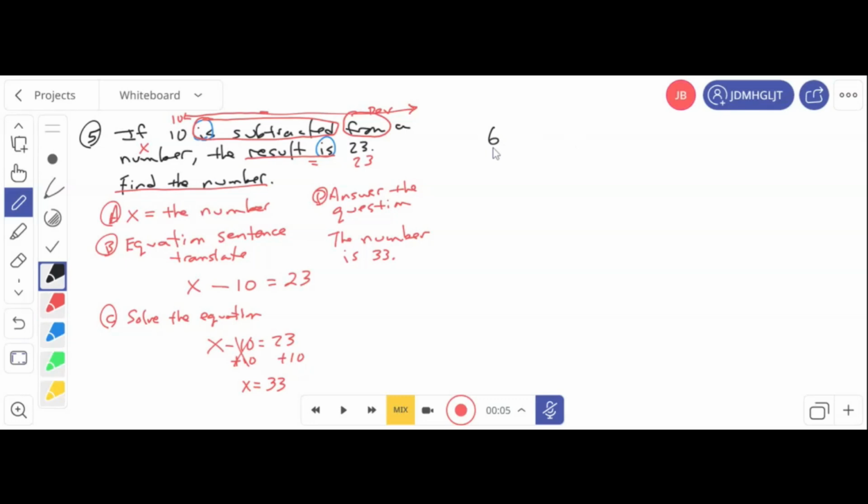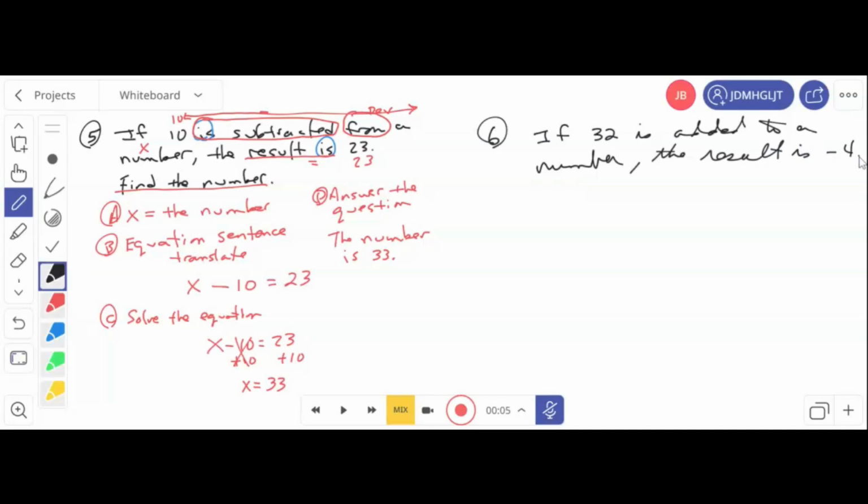So we'll look at number 6. Number 6 says if 32 is added to a number, the result is -4.